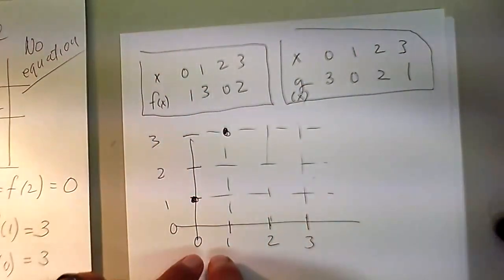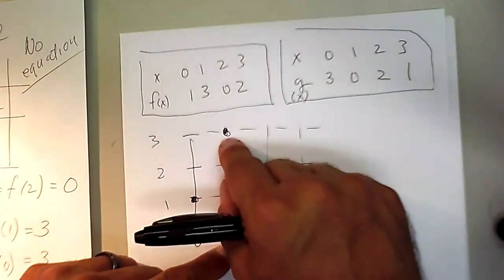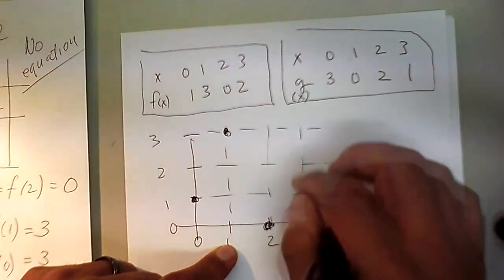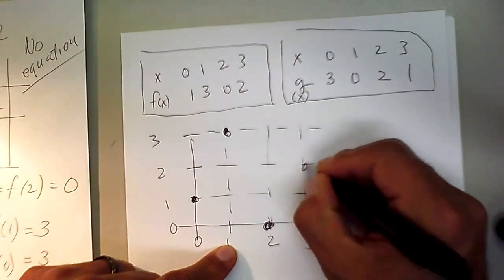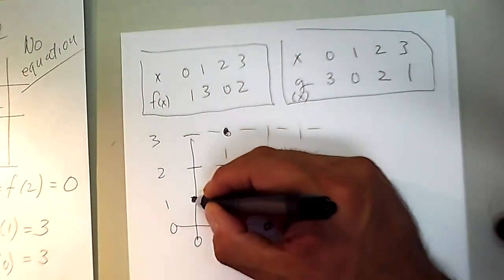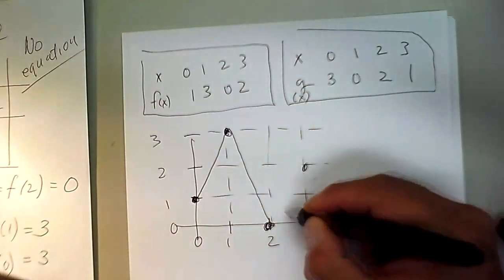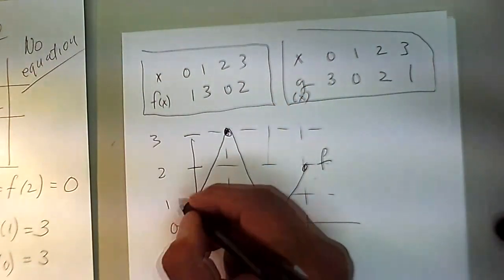So 0 goes with 1, 1 goes with 3, 2 goes with 0, 3 goes with 2. And let's pretend we had a broken line. So the way the graph would look is this way. So that would be F.